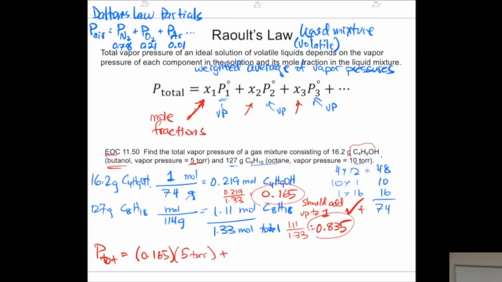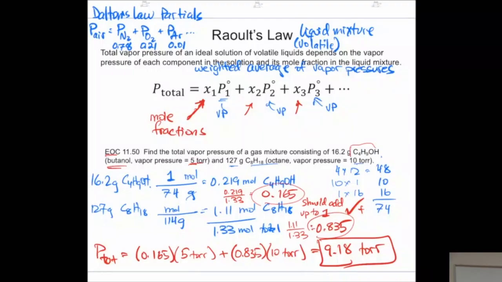And we're going to add to it, just like we do for weighted averages, the weight of the octane. That weight is a mole fraction of 0.835, multiplied by its vapor pressure, which is 10 torr. And that will give you the total vapor pressure. I got 9.18 torr.